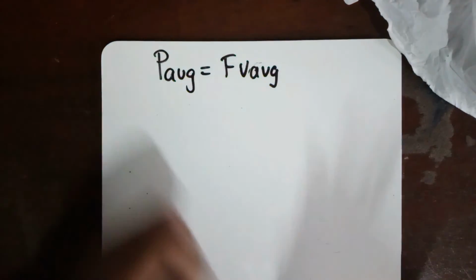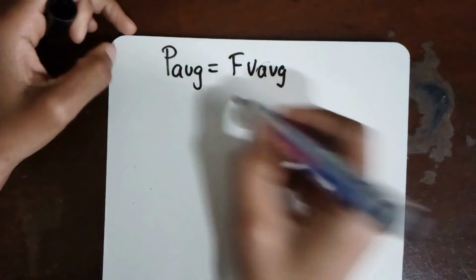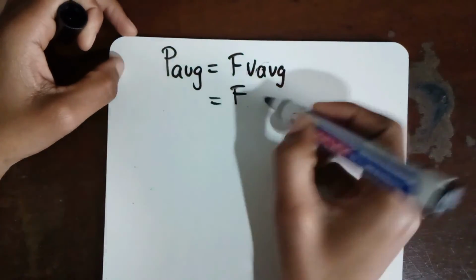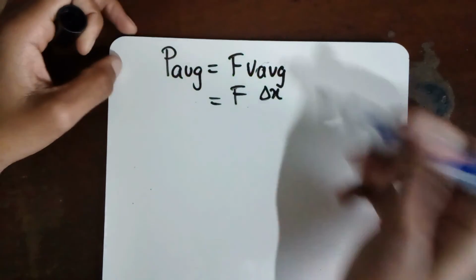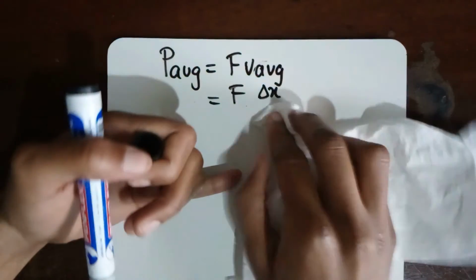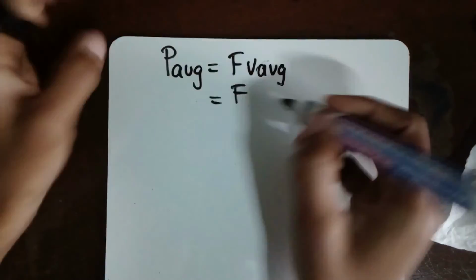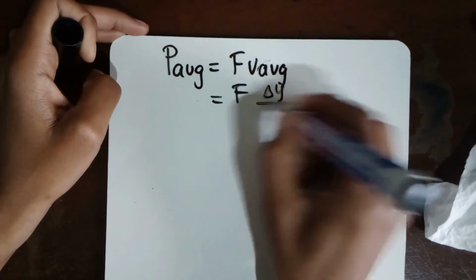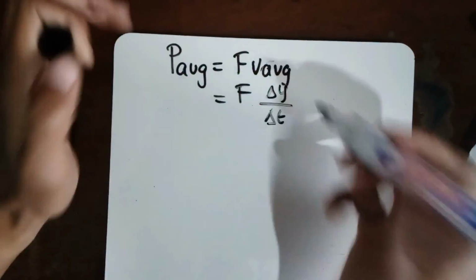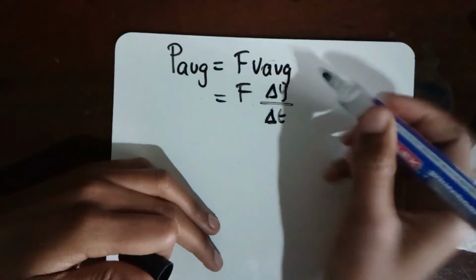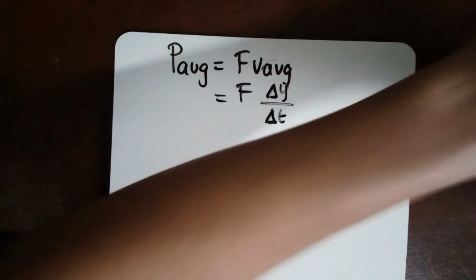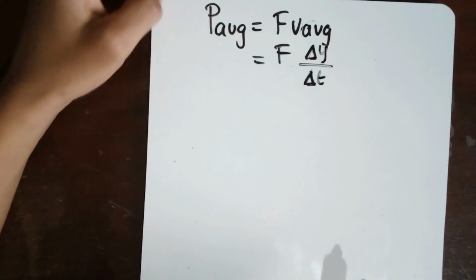Okay, cool. And then we can actually write this as F times the average, a change in X, but because we're moving up, it's going to be a change in Y over a change in T. I think my markers are just running out now. Change in Y, change in T. But now let us also again draw the situation that was described to us.